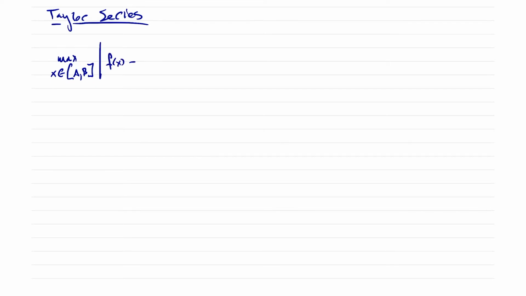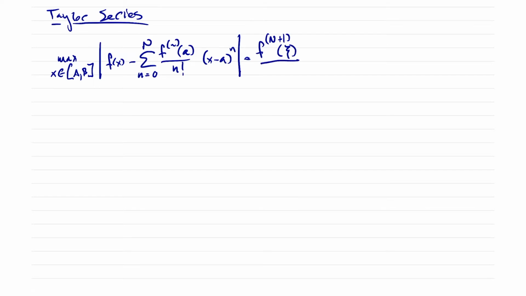So we're going to have the absolute value of f of x minus the sum, now I'm going to change this again on you, n equals, say, 0 to capital N, I like this better, of the nth derivative of f at a, where we're centered, over n factorial, times x minus a to the nth power, is equal to the absolute value of the (capital N plus 1)th derivative of f at some c divided by (capital N plus 1) factorial times x minus a to the capital N plus 1.